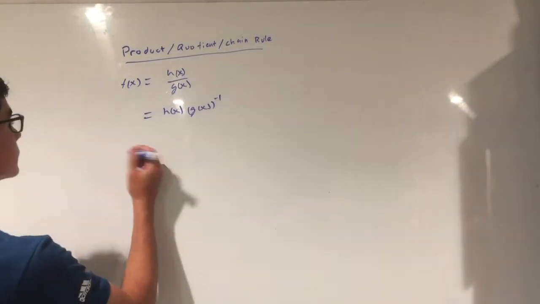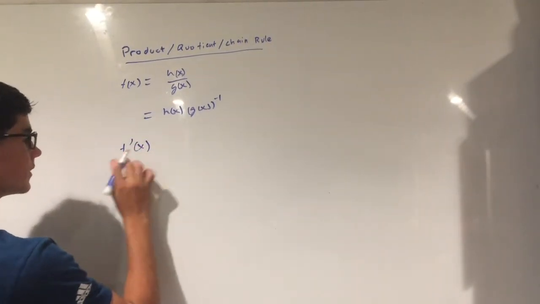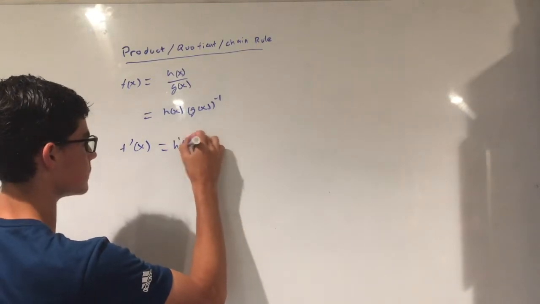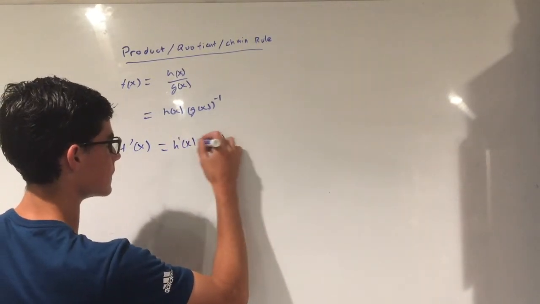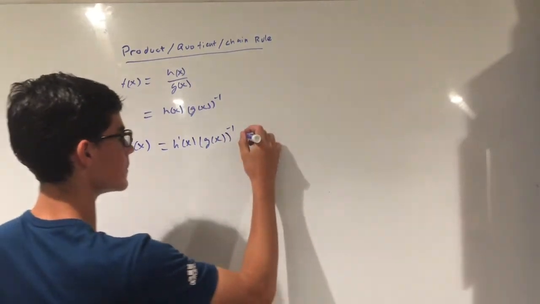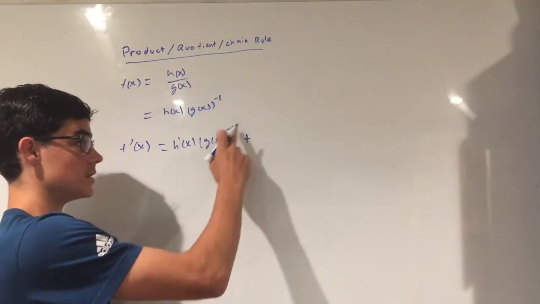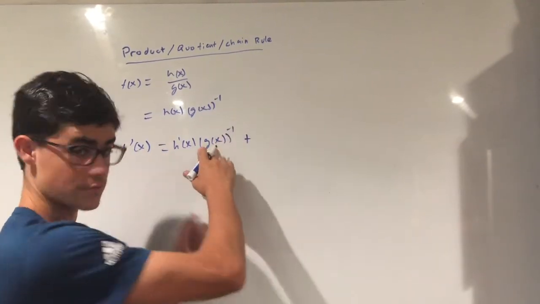Then f prime of x in this case would be h prime of x times g of x to the -1, plus, now you take that derivative, and since it's a chain, this -1 is the outer layer of g of x.